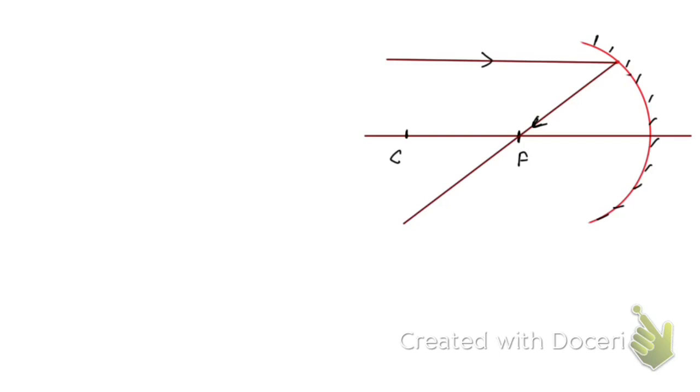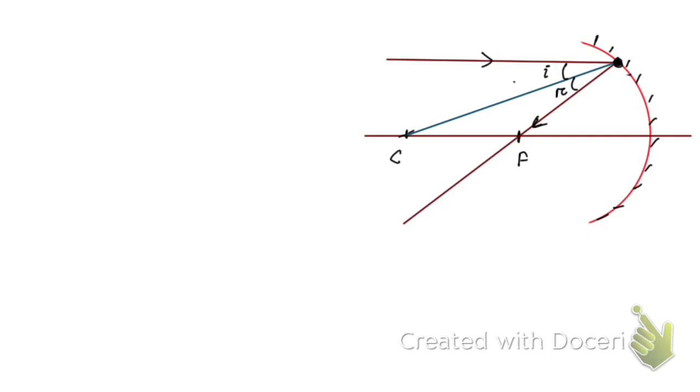Let me draw a normal at this point, and the normal must be passing through the center of curvature. So this is the normal at this point. This is the angle of incidence, this is the angle of reflection. Both must be equal according to the law of reflection of light, right?